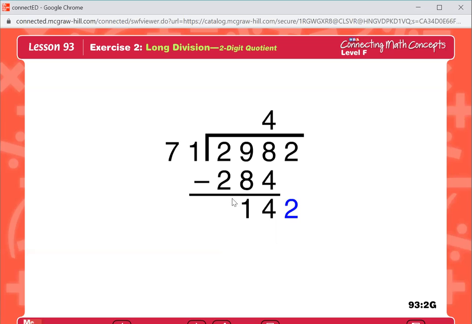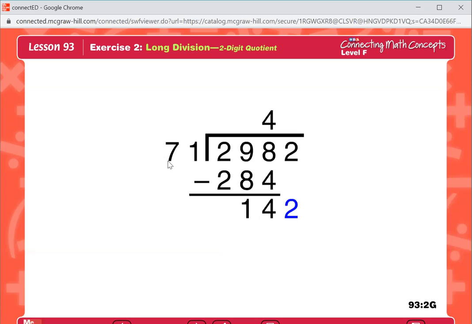Our new division problem is 142 divided by 71. The estimation problem is 14 divided by 7. Our estimation problem is going to be 14, these first two numbers, divided by 7, the first number here.